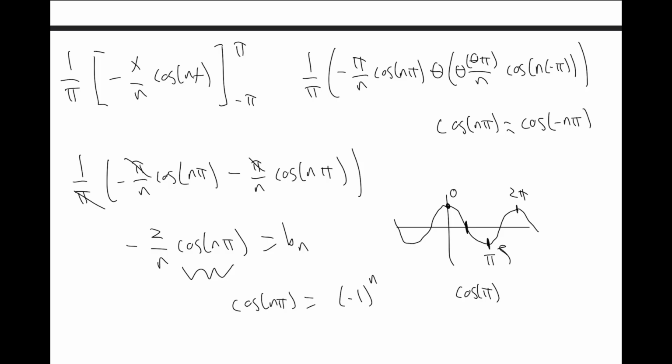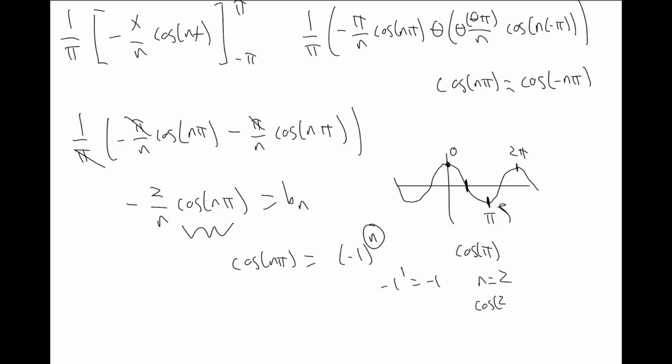So we get negative 1 raised to the 1 equals negative 1. And then if n is equal to 2, we have cosine of 2 pi, which we know is equal to 1. So we get negative 1 raised to the 2, which is 1. So this formula checks out.